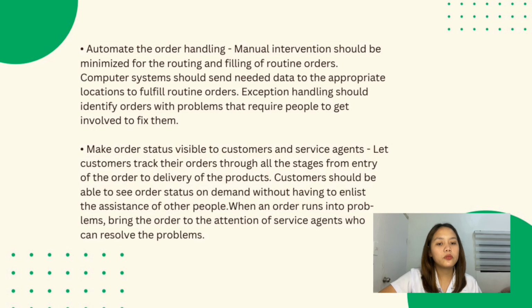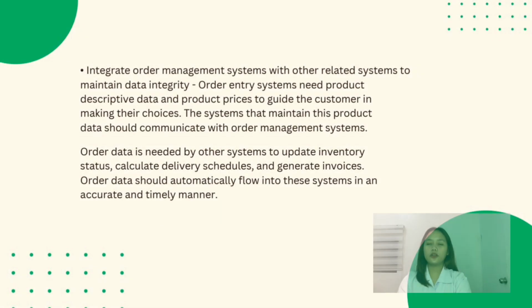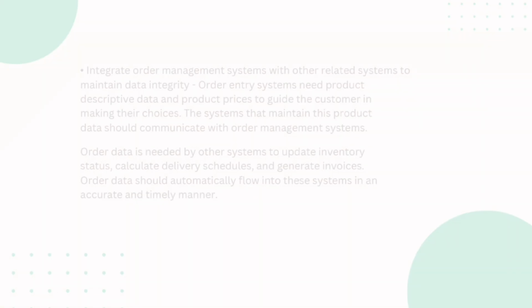Make sure customers or service agents can easily check the order details and see where it stands at any time. Use an integrated order management system. To protect data integrity, associate the order management system electronically with other similar systems. Connect your order management system with the other related systems electronically to keep your data accurate and secure.